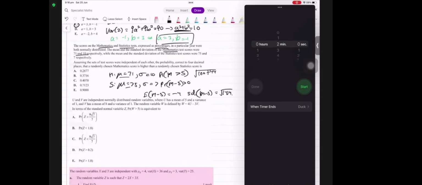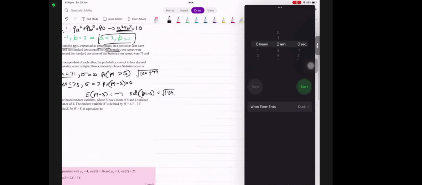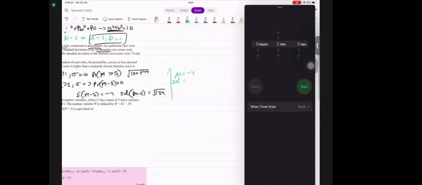I'm going to quickly check my answer. That's correct. If you put this into the CAS, I'll quickly write my syntax here. Your mean should have been -4, standard deviation the square root of 149. Then you check the probability that M minus S is more than 0.